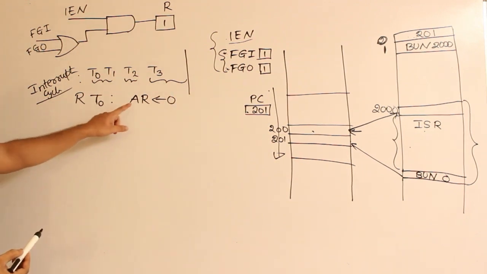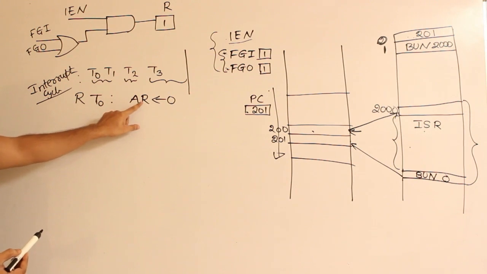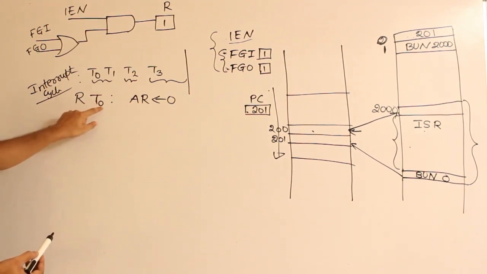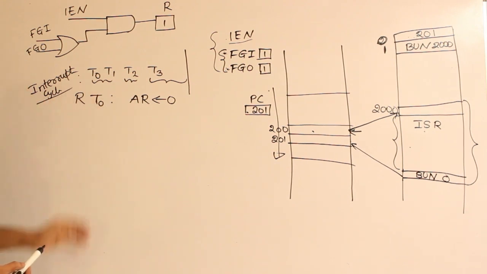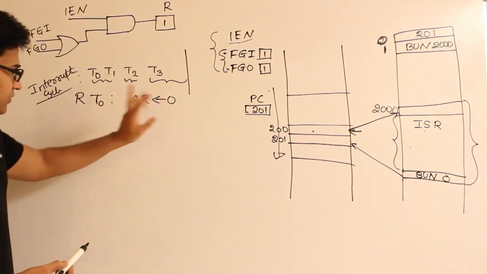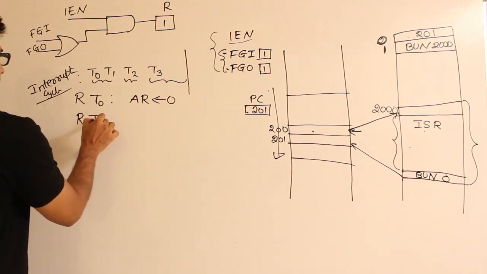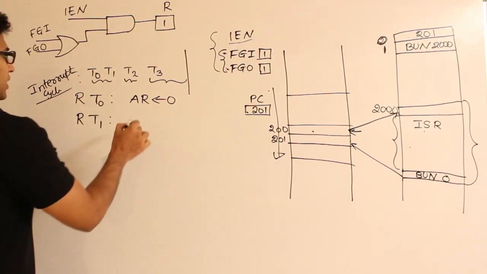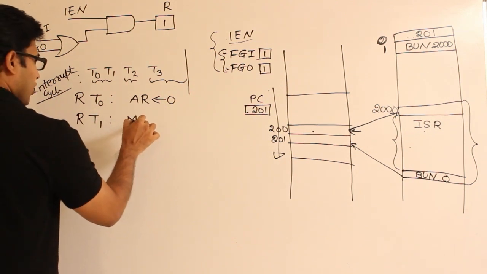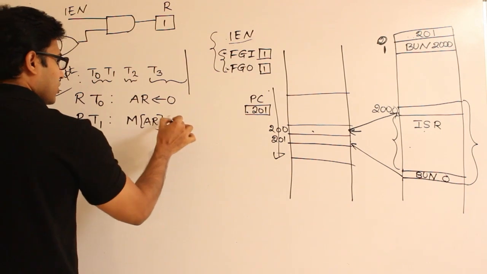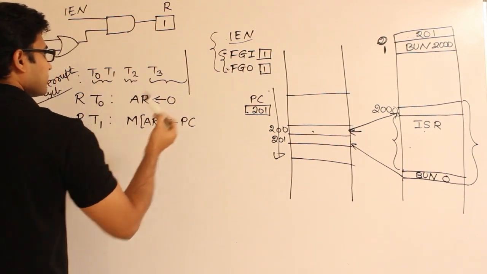Whenever I give the clear to any register, that clear will get executed at the end of the clock cycle. That is why in this entire clock I cannot do any other operation, because I want this one to be done first, okay? And then in the next timing signal T1, in the memory which is pointed by AR, which means that particular location, I want to send the program counter.